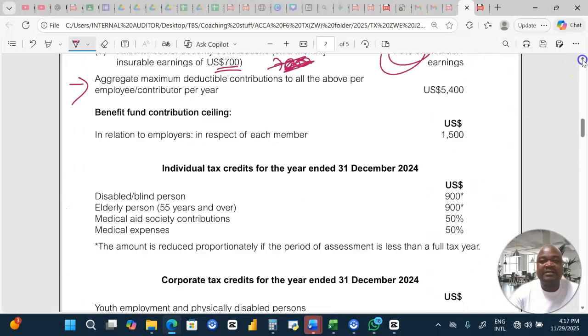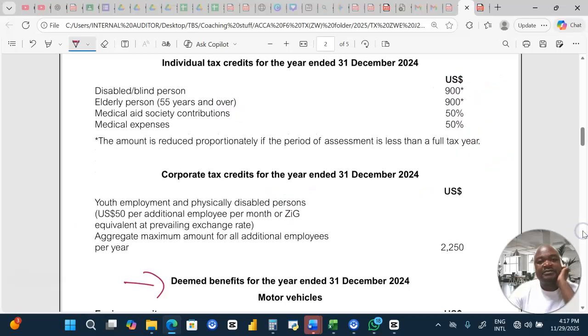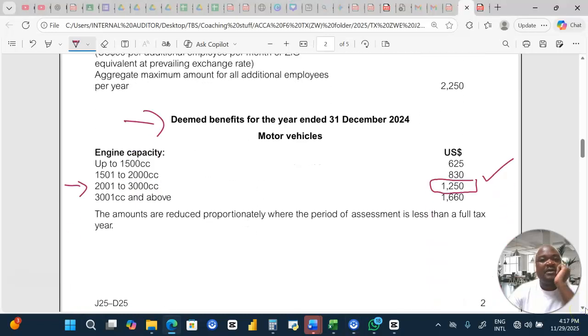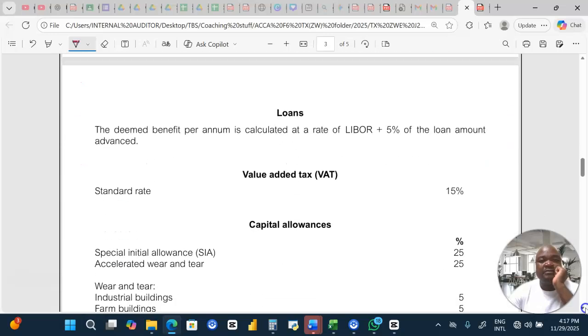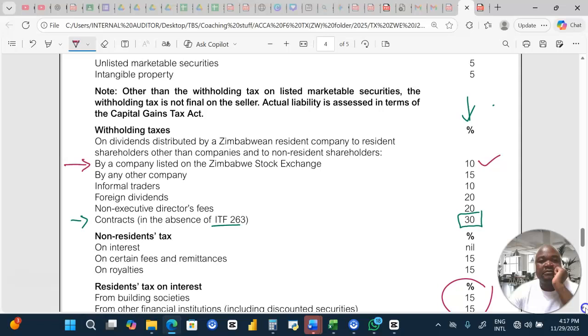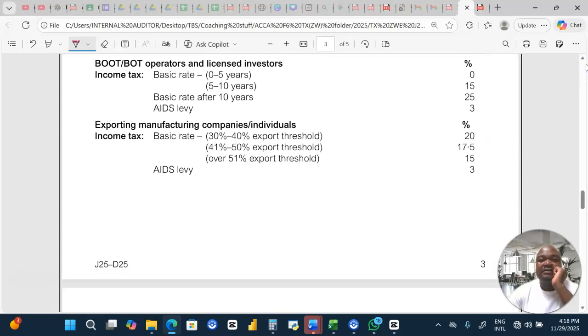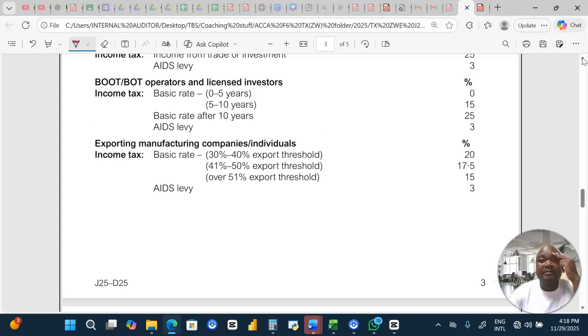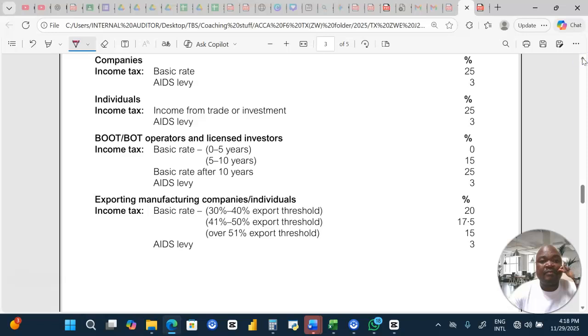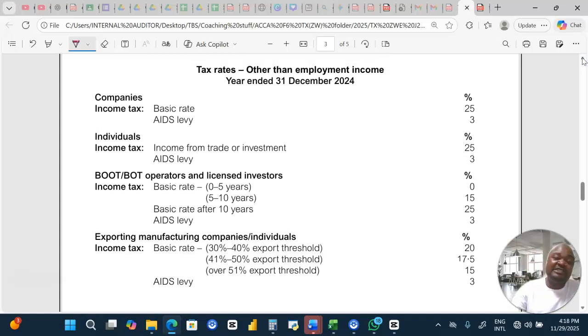Tax rates other than employment income. All right.